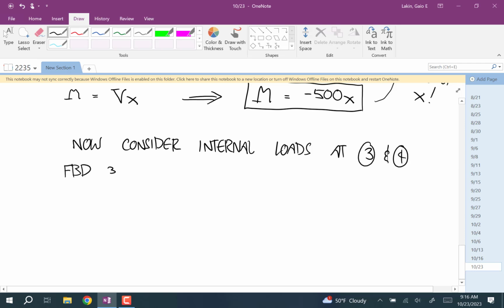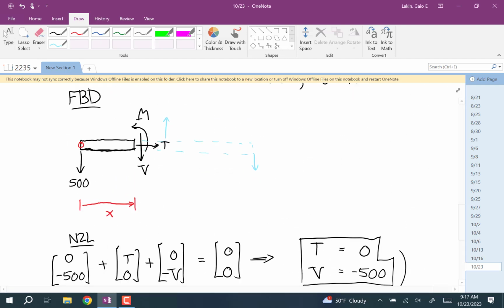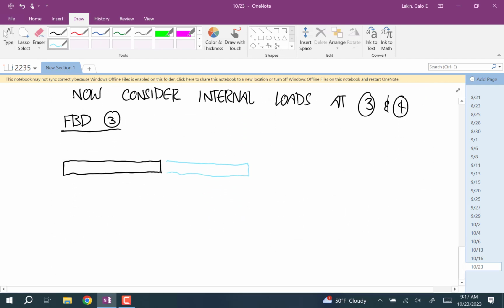A free body diagram for that point 3: we're not going all the way to the end, so that doesn't appear in our body.